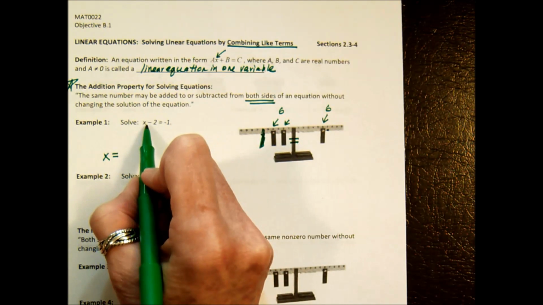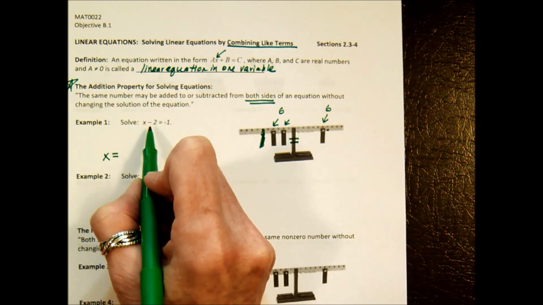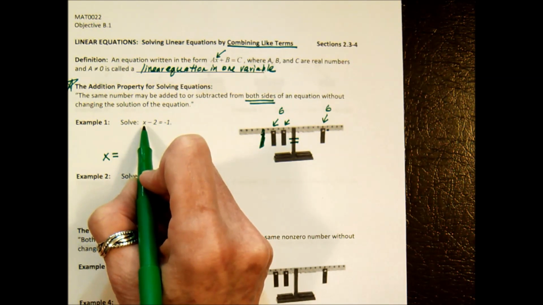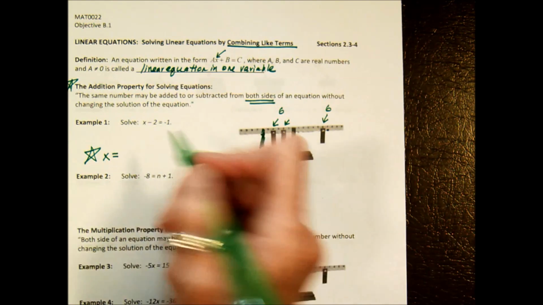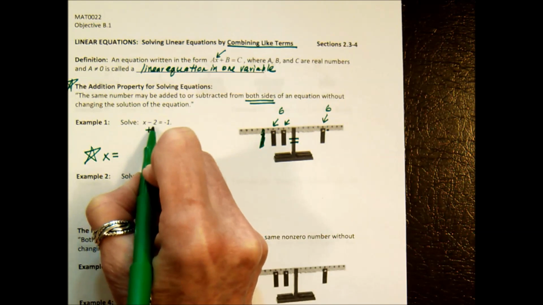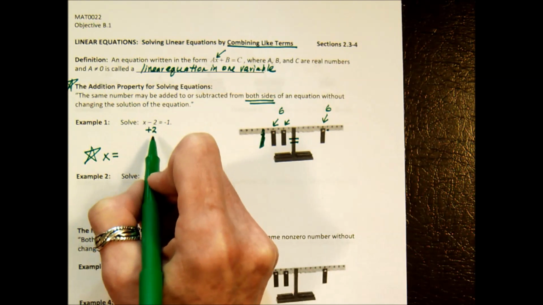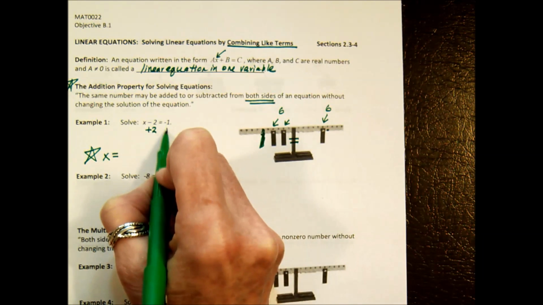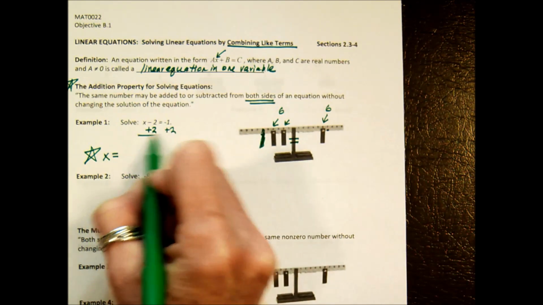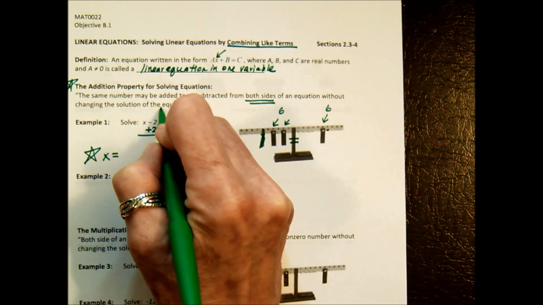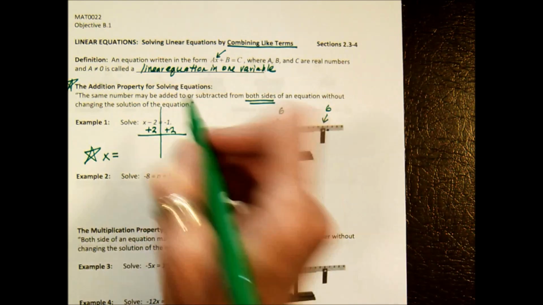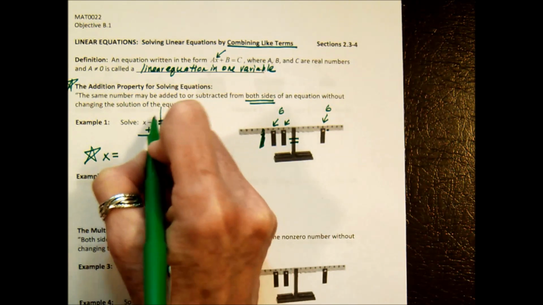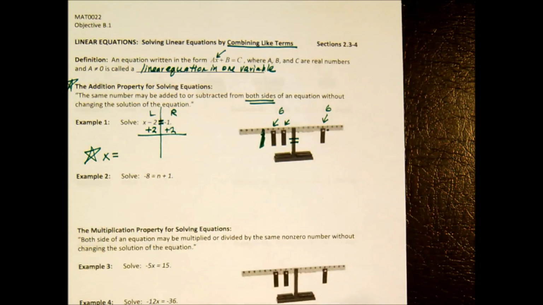So to undo that subtraction of 2 and get the x by itself, which is our goal, we are going to add a 2. If you add it to the left-hand side, though, you must add it to the right. When I talk about sides, I am talking about across that equal sign. This is the left, this is the right. Those are the two sides.